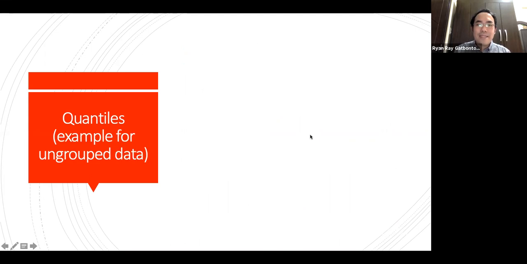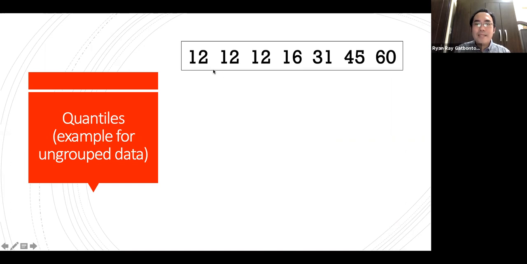To determine the quantiles, or the quartiles, for ungrouped data, let's use this example. This is the data set that we have earlier on, and we say that your 16 is always your median. To get the quartile, we use the formula Qn divided by 4. Q is the quartile that you're looking for, either first, second, third, or fourth, and n refers to the number of observations that you have, divided by 4, because you divided the whole data set into 4 cut points.